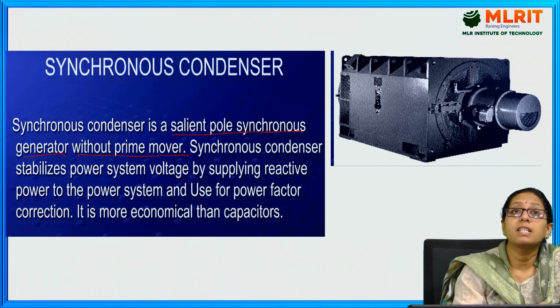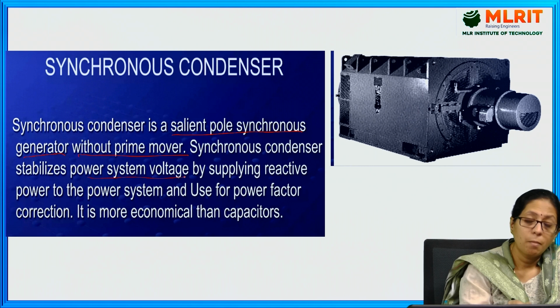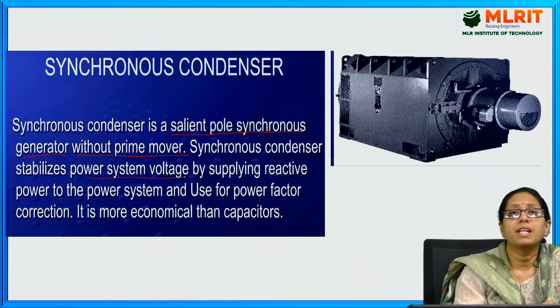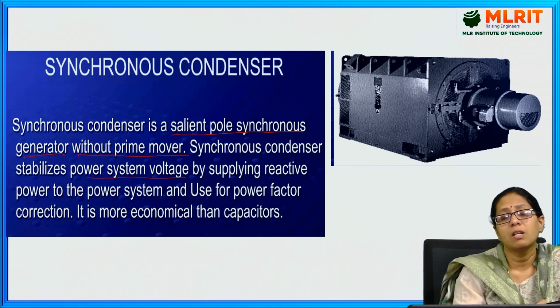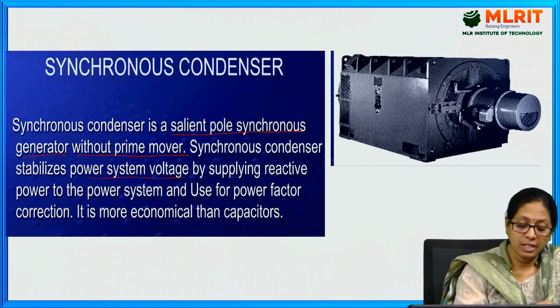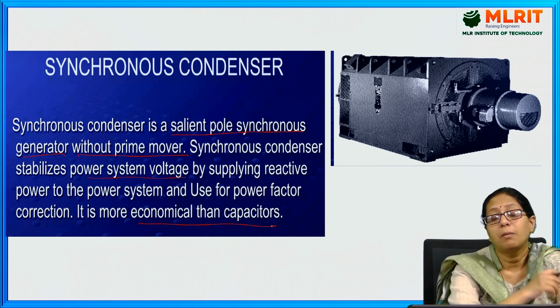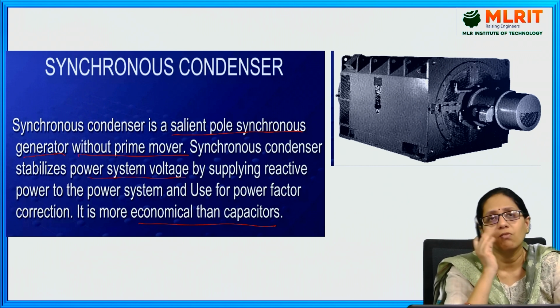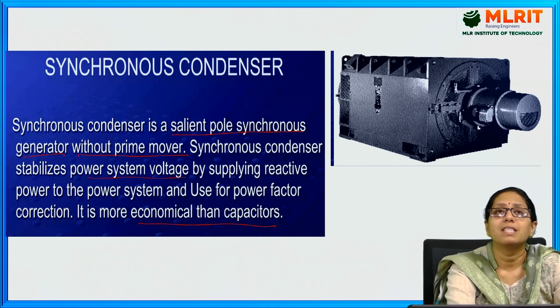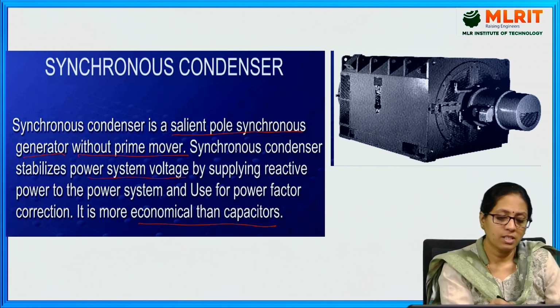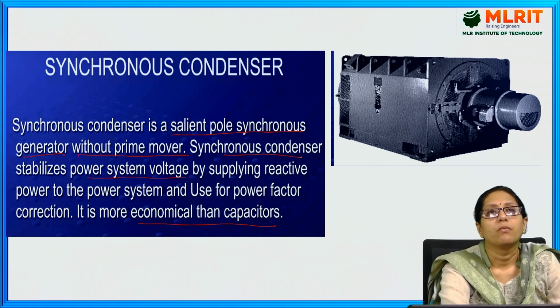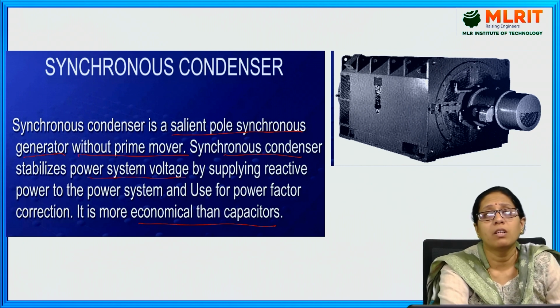Synchronous condenser stabilizes the power system voltage by supplying the reactive power to the power system and is used for power factor correction. It is more economical than the capacitors. That means instead of capacitors, we will be using here a synchronous condenser, which stabilizes the power factor.